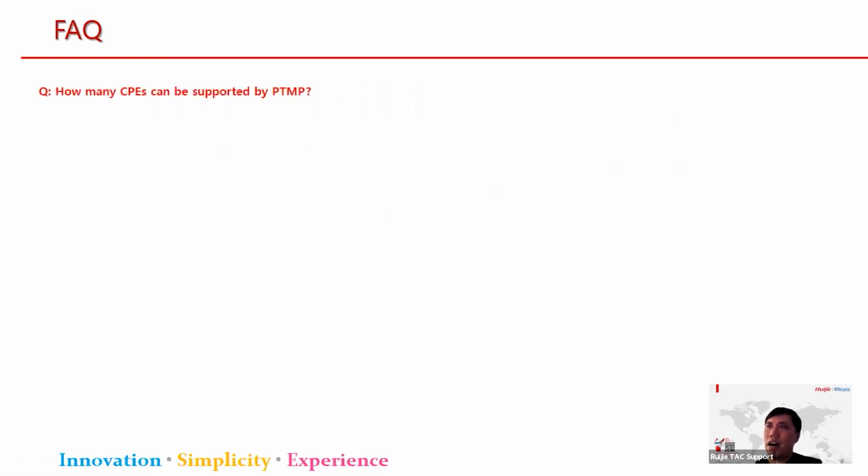How many CPEs can be supported by point to multi-point? Anyone know? Just now I had a demo with 2 CPEs connected to 1 VCR. What is the maximum? The maximum is 5 units.